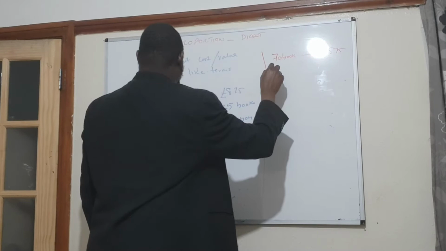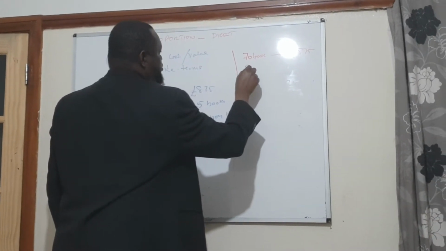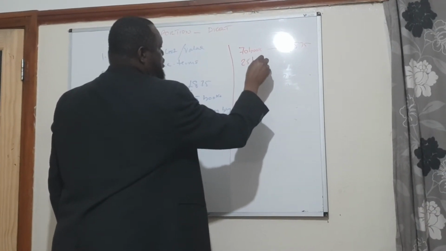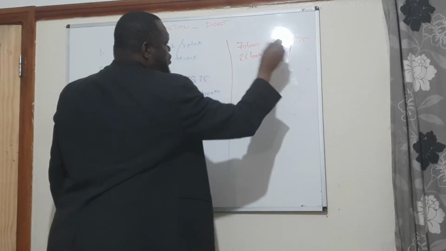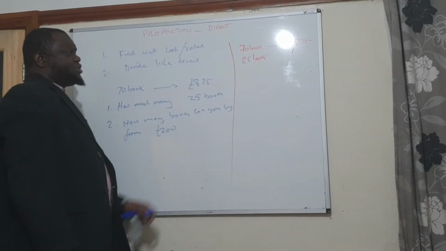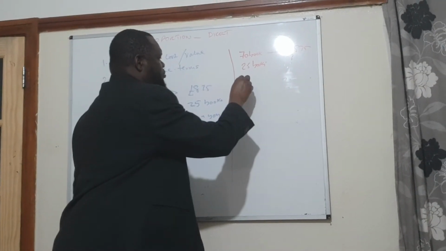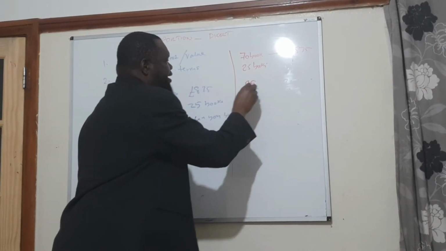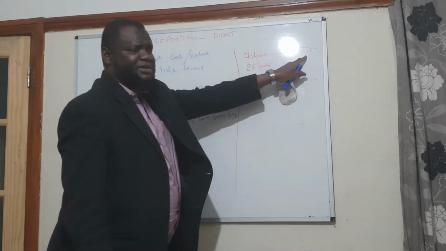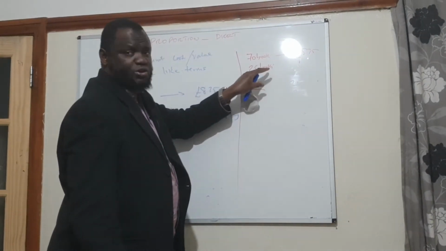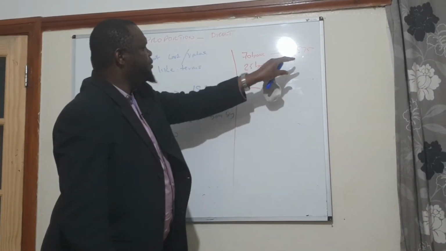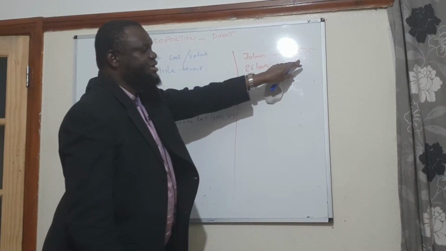Now we are looking for how many books, 25 books. What we said, the one we don't know goes up, because we don't know the value of the 25 books. So 25 will go up. It cannot be divided by 875 because 875 is money.